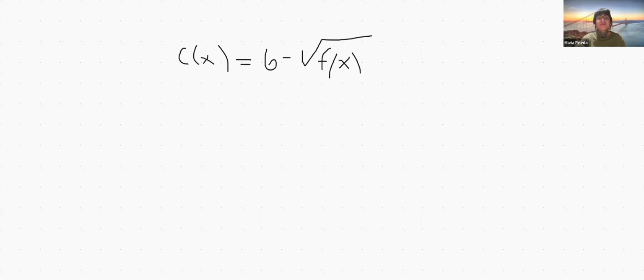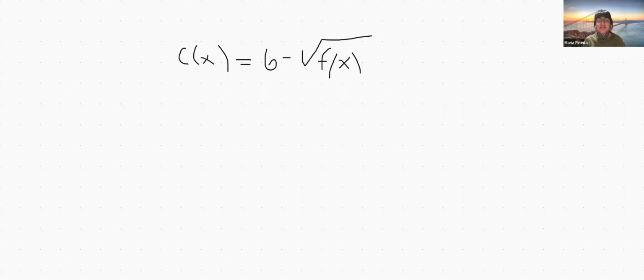So now this is a problem that we are going to solve, and the first step would be to differentiate C of X, which is the cost function. The derivative of the constant 6 equals 0.